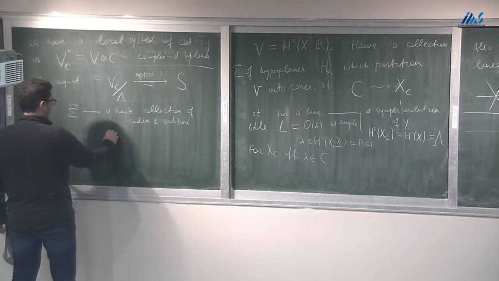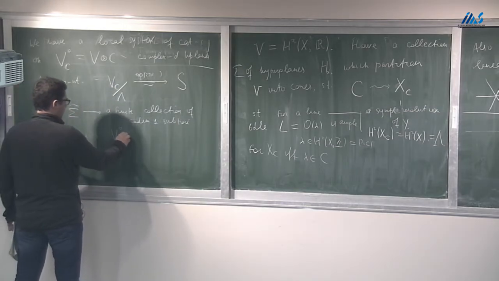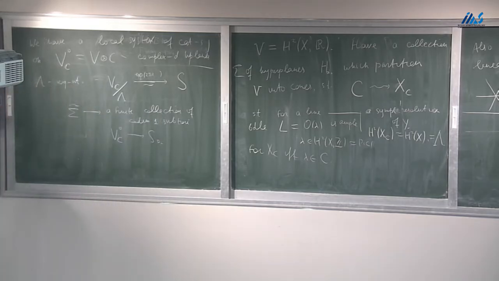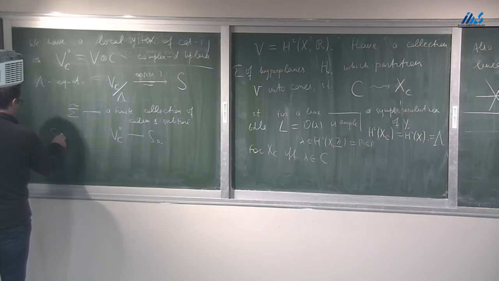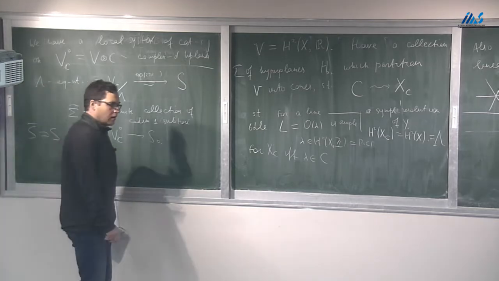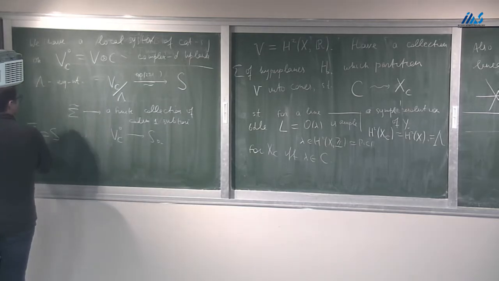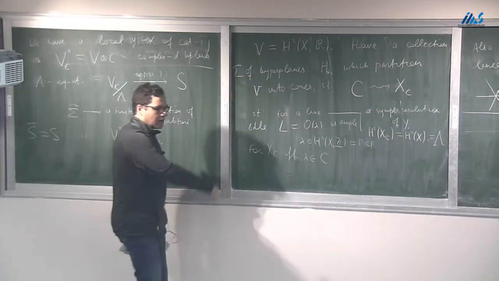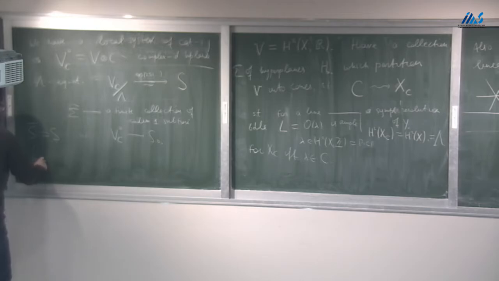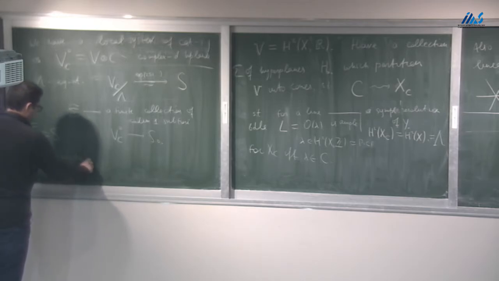So we have V C 0 maps to something that we can call S0. But then this S has a toric compactification corresponding to this collection of hyperplanes, to sigma, a toric variety corresponding to sigma.